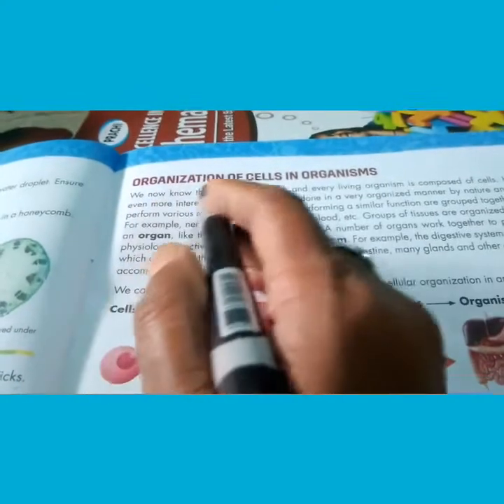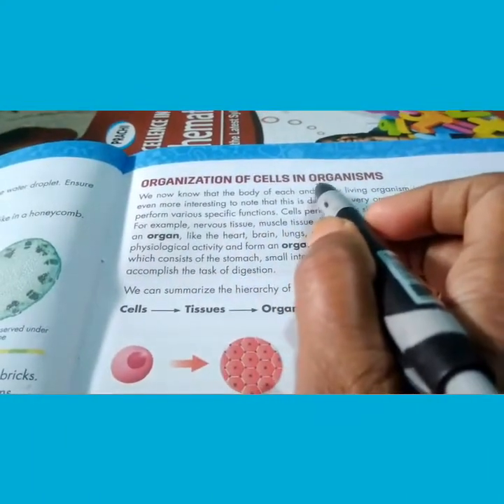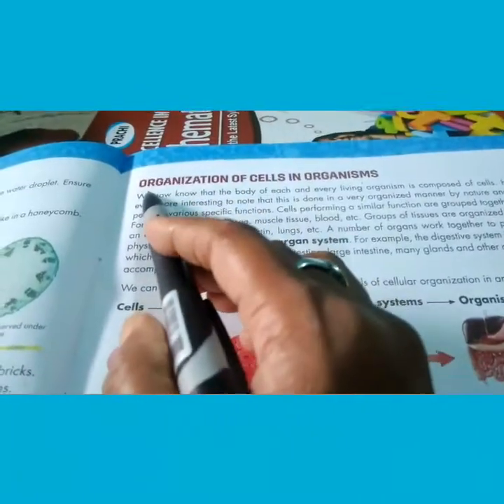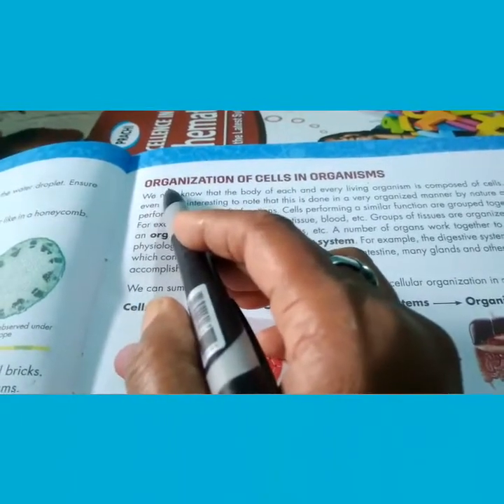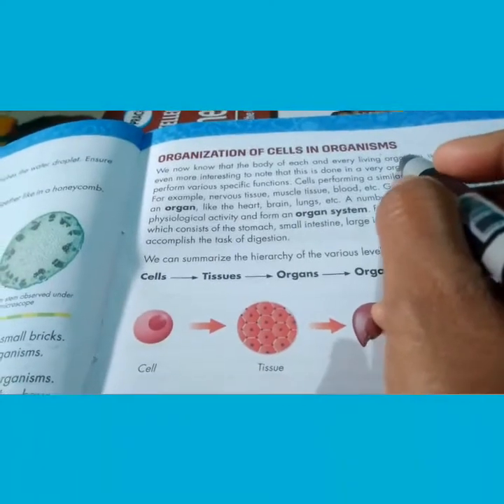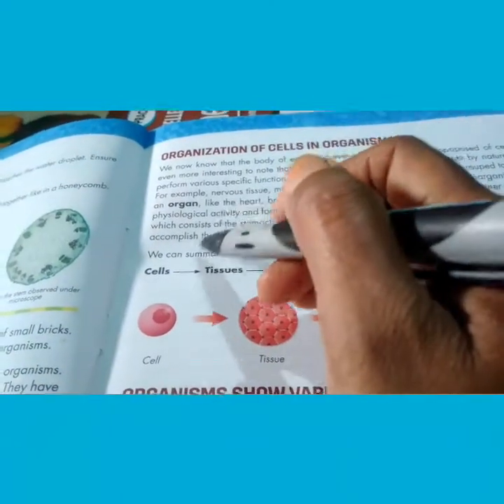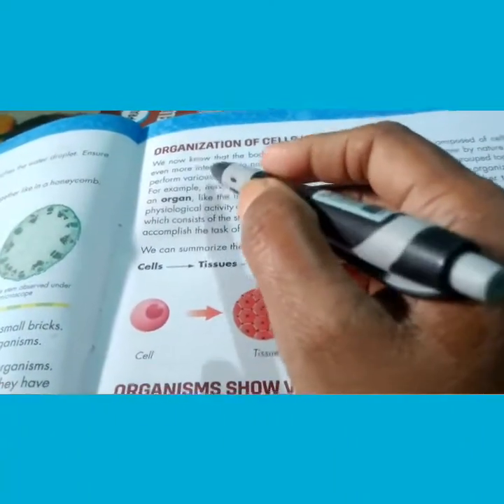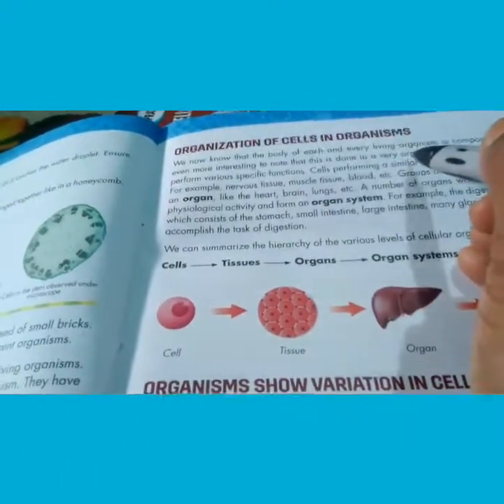The next topic is the organization of cells in organisms. It means how cells convert into an organism. Suppose life starts with a single cell, how does it become an organism?